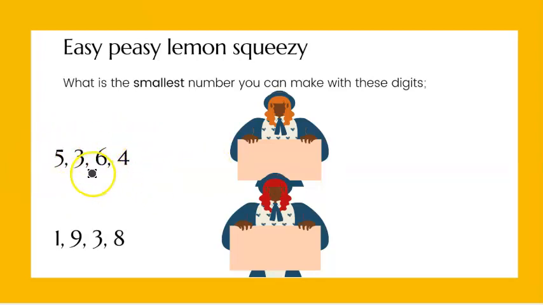So I'll start by picking the smallest, which is 3. So I'll put 3 here, then 4, then 5, then 6. So now I have 3,456.